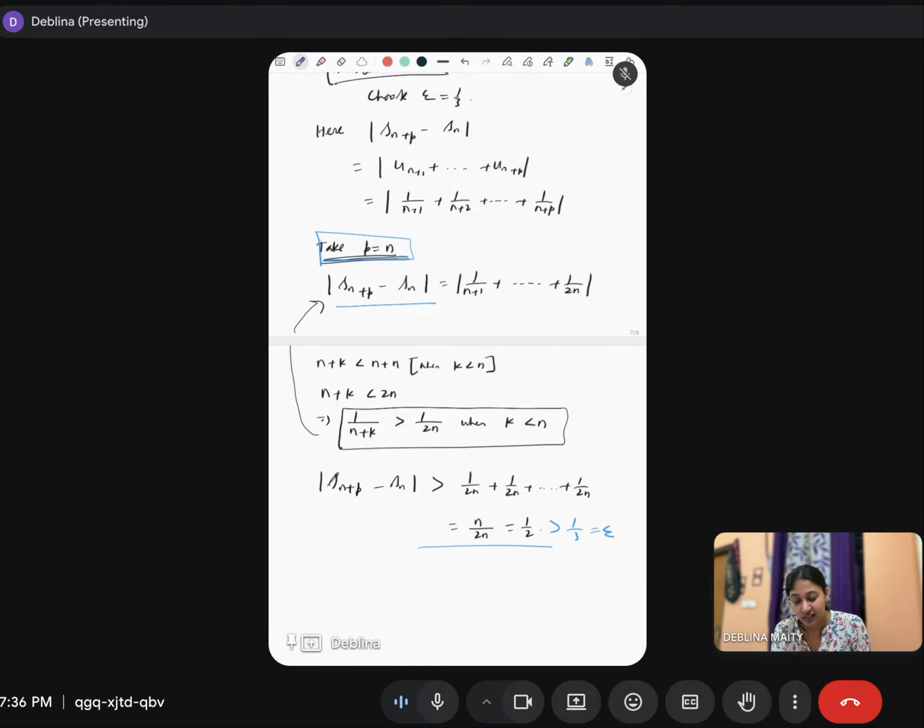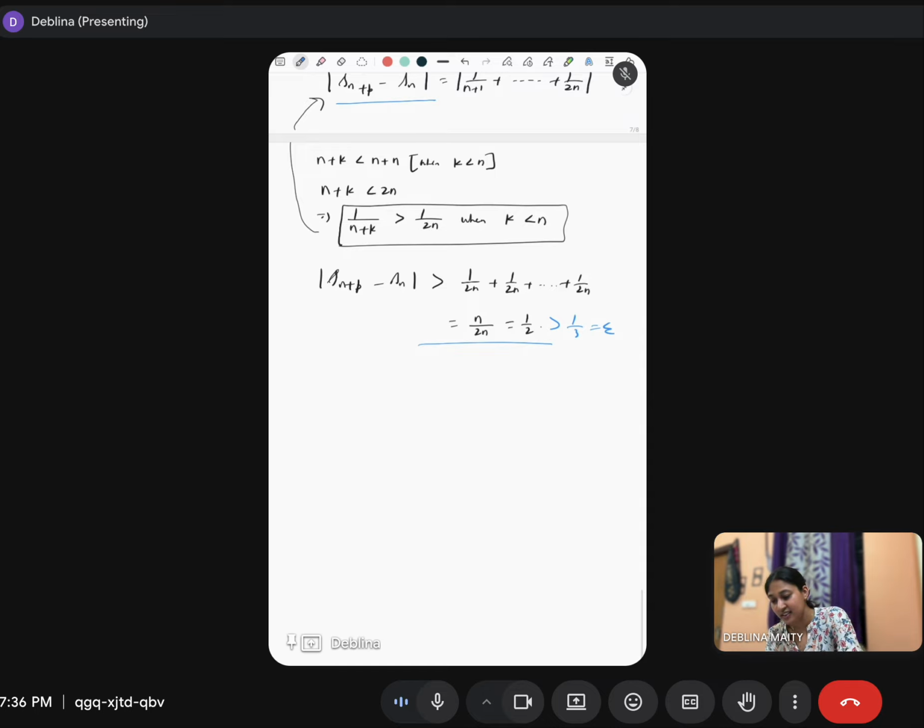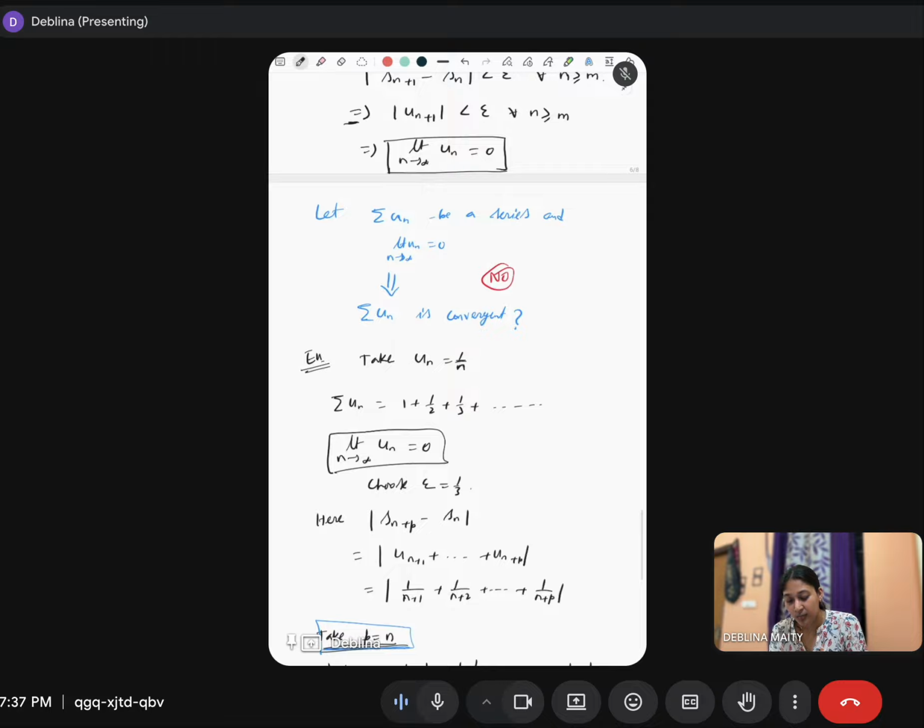That is our epsilon. So by Cauchy criterion, it is not convergent. So this implies the sum of 1 by n from 1 to infinity is divergent by the Cauchy criterion. So the sum of 1 by n is divergent.